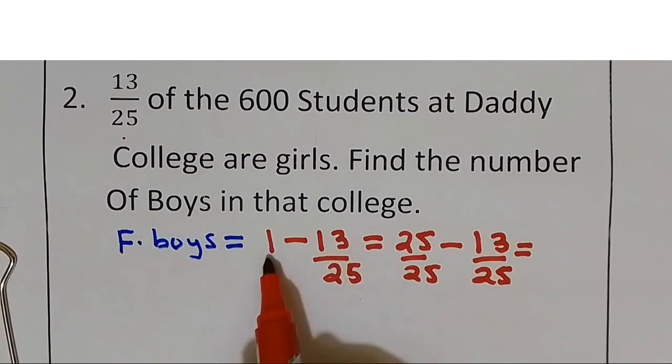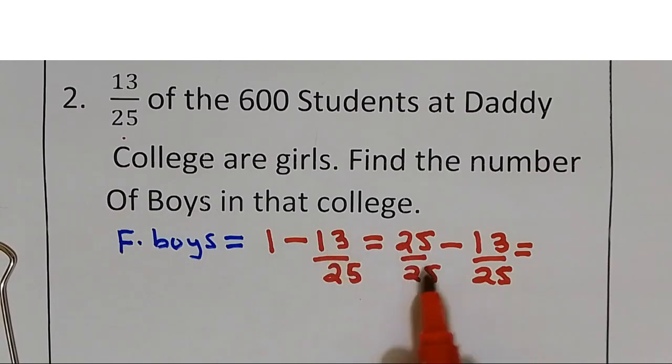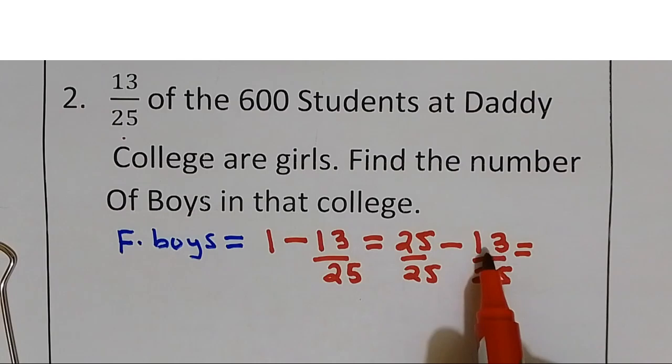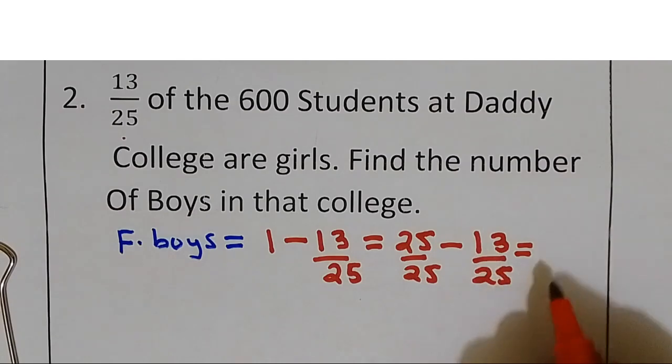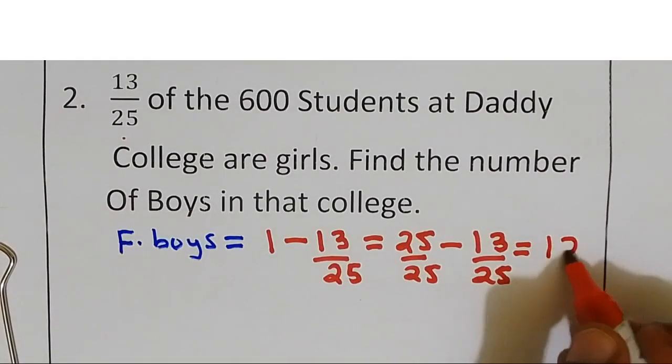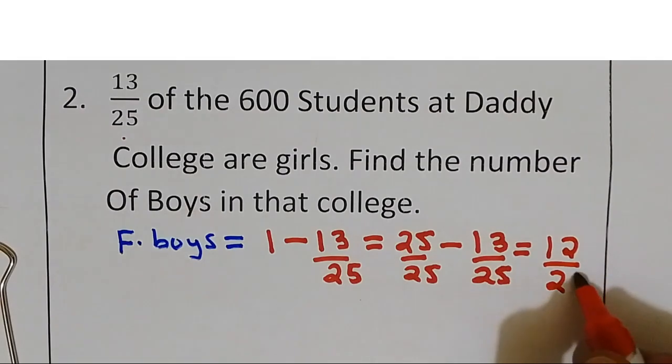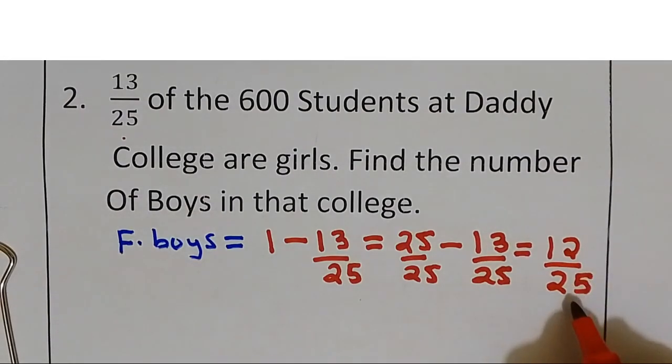But 1 is the same as 25 out of 25, take away the fraction of girls, which is 13 out of 25, we are going to get 12 out of 25. This is the fraction of boys.